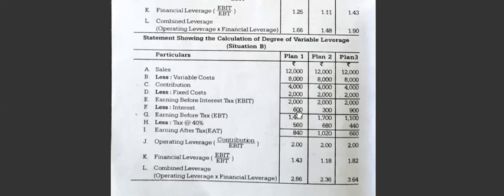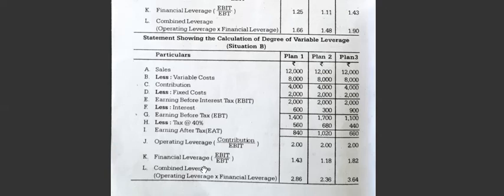Then interest will be same, 600, 300, 900 as we have calculated in the first statement. Then you deduct the tax, 40% of this value, you will get EAT. Then calculate operating leverage, financial leverage and combined leverage. So contribution divided by EBIT. Contribution is 4,000, EBIT is 2,000, so here 2, here also 2, 2.